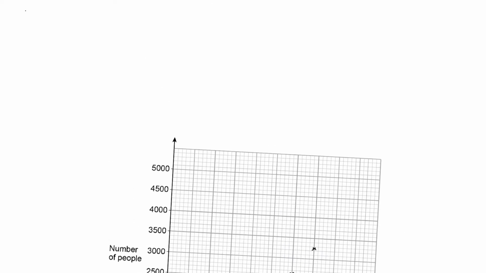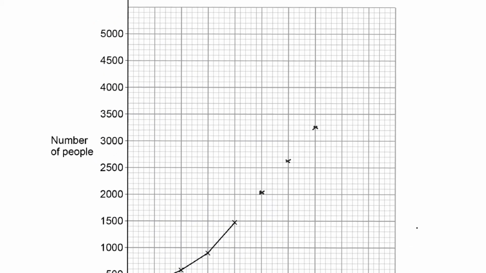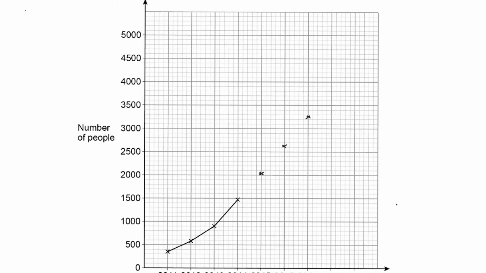And then in 2018, there was 3,780. So if we mark that on, 3,700 is here, so 3,780 will be the slightly higher end of that part, closer to 3,800. Oh, I've just crossed it out.